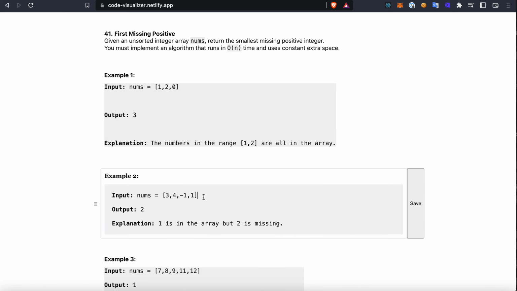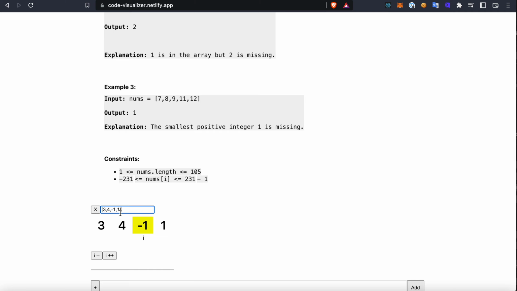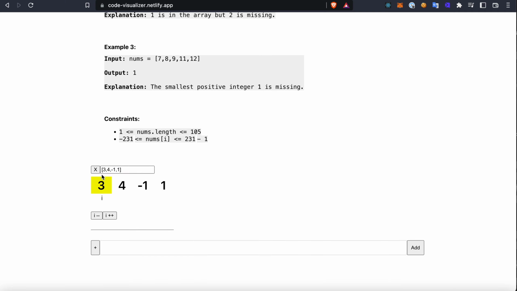Let's look at one more example. Example 2. 3 is supposed to be at index 2. It's not there, so let's move it there. And let's swap -1 and 3. We can just ignore negative numbers, any number that's not positive.